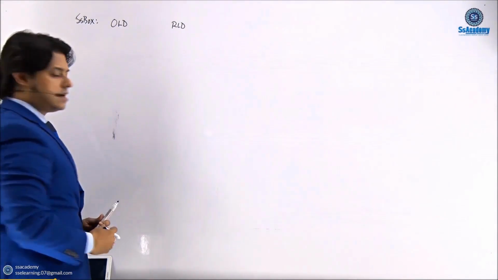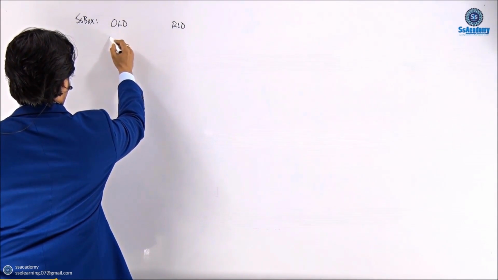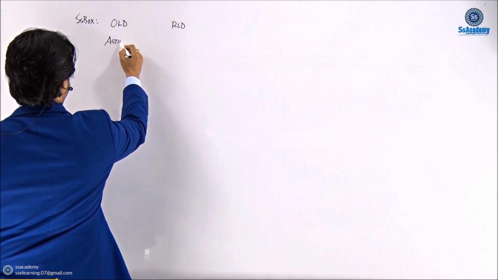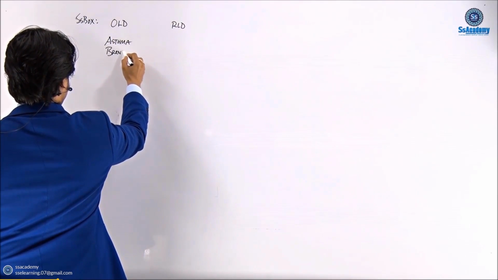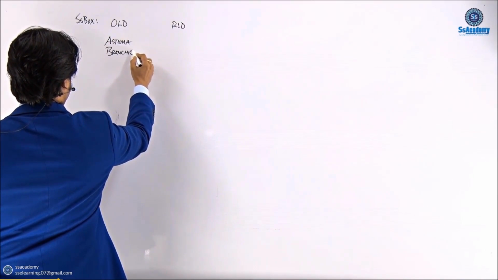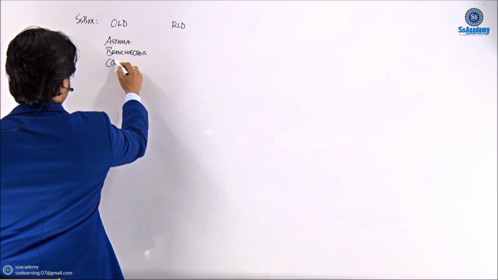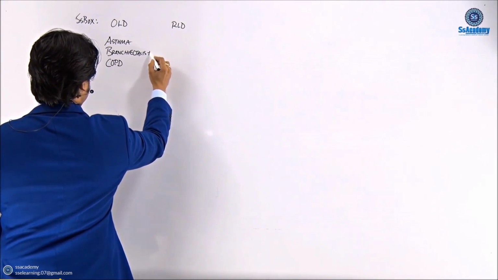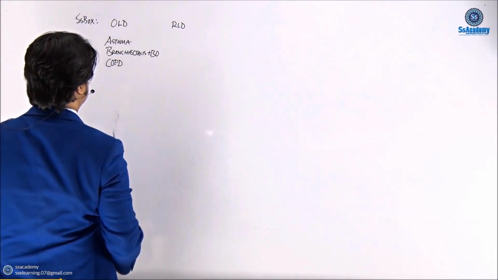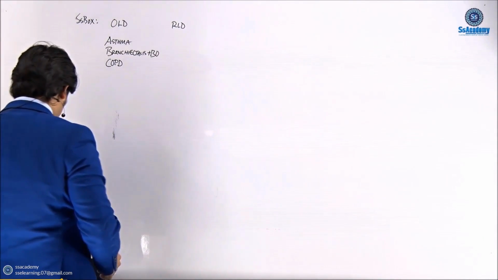Obstructive lung diseases are asthma, and you can write this mnemonic: A for asthma, B for bronchiectasis, and C stands for COPD. Along with bronchiectasis, another disease is bronchiolitis obliterans. So yes, ABC, the obstructive airway diseases.